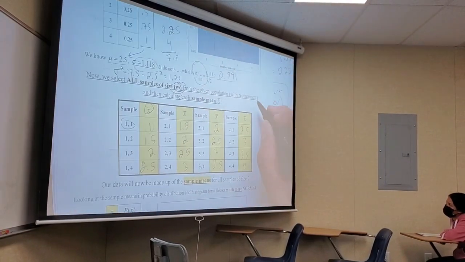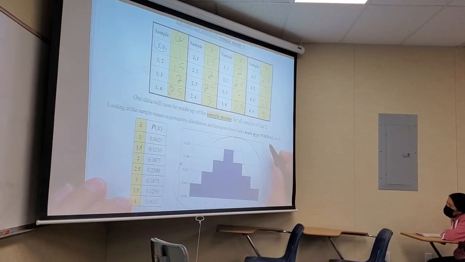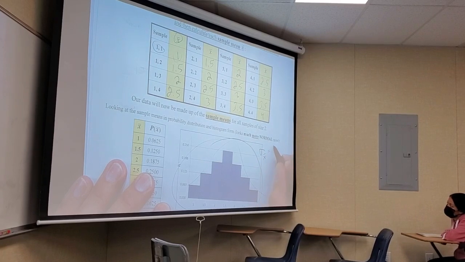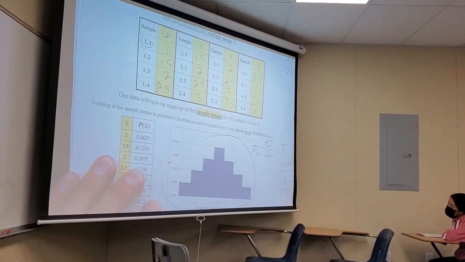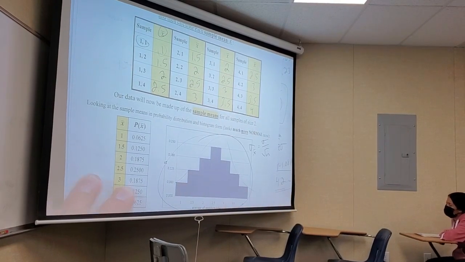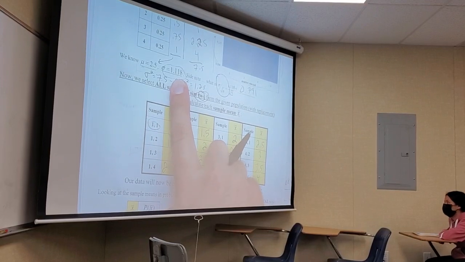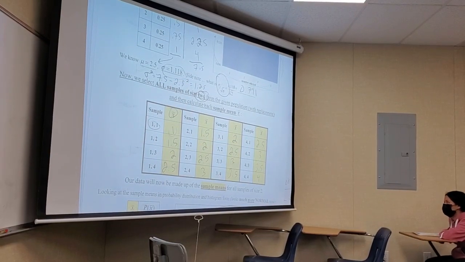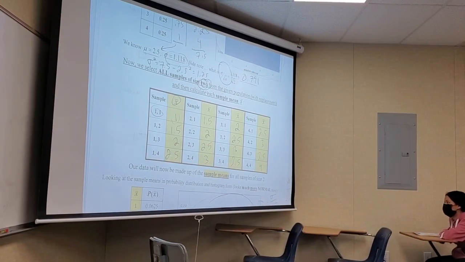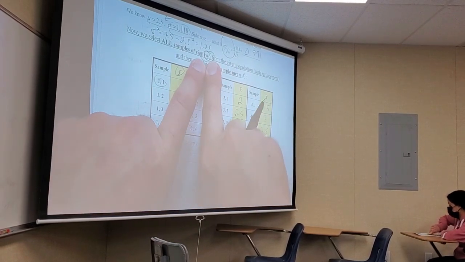I know that the standard deviation for the new picture, for means, is going to become the old one divided by the square root of the sample size. So if I took samples of size 3, the standard deviation would be 1.118 divided by the square root of 3. Up here I did square root of 2 because we took samples of size 2.